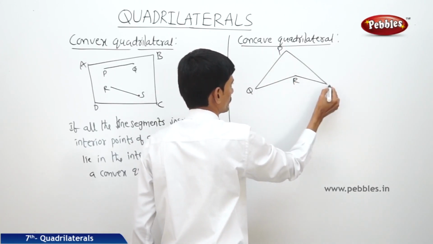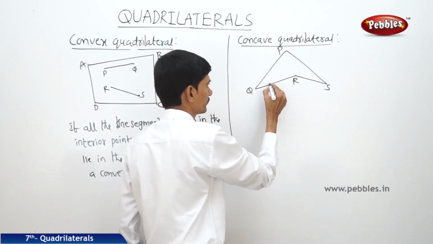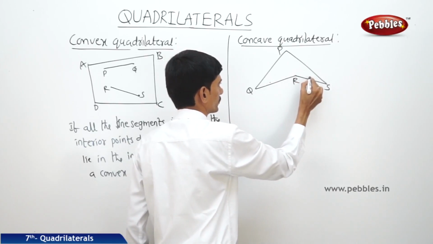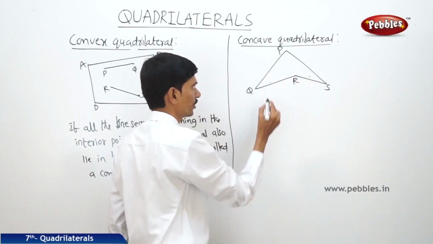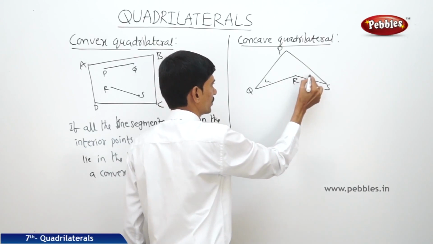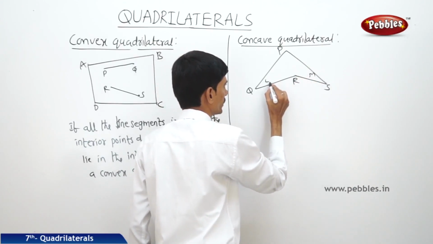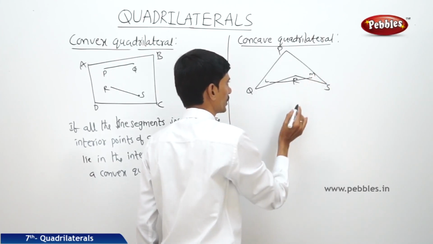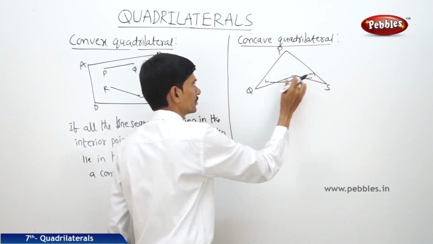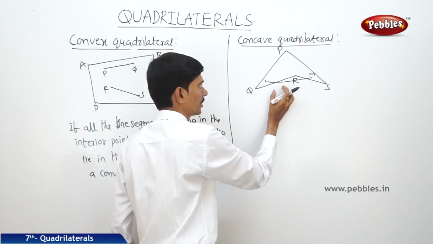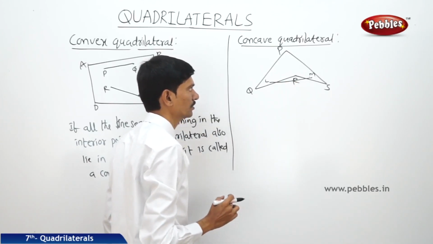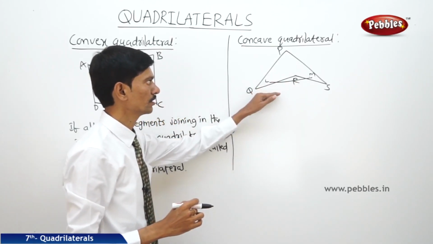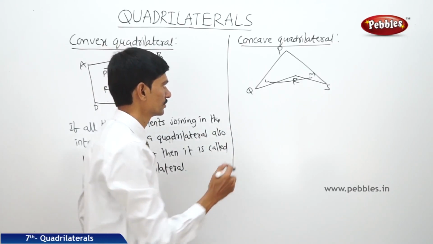If PQRS is a quadrilateral, and you take any 2 interior points like L and M, and the line segment joining the two interior points does not lie in the interior, so here some part of the line segment lies in the exterior of the quadrilateral, such a quadrilateral is called a concave quadrilateral.